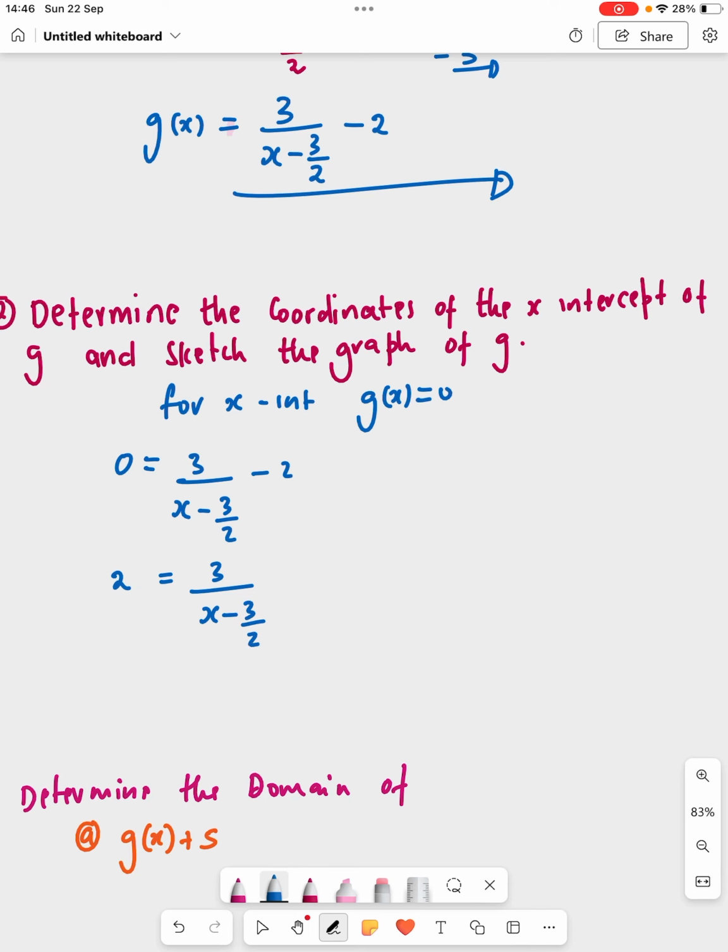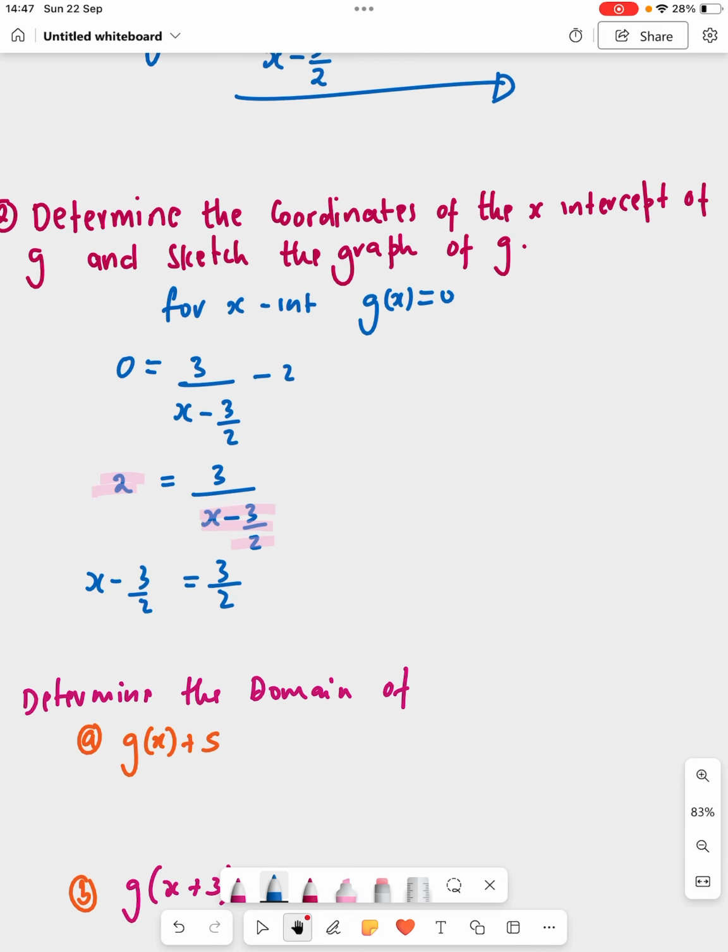over 2. Now, we can cross multiply, or we can always interchange the 2. These 2, you can always interchange them. So if we interchange, we are going to have x minus 3 over 2 is equal to 3 over 2.